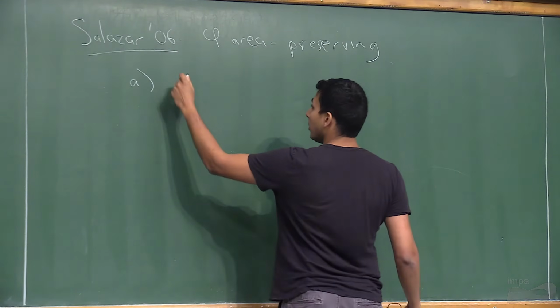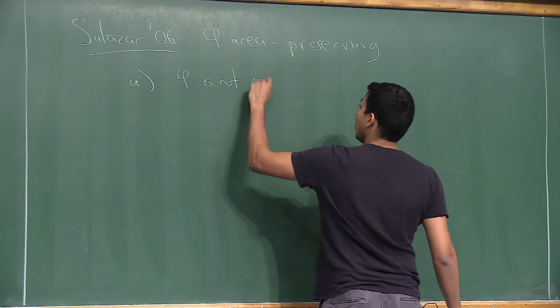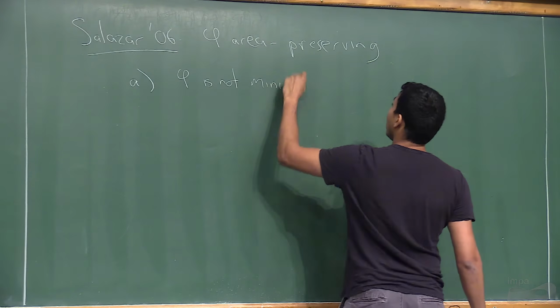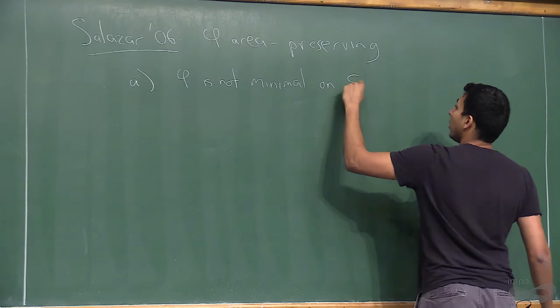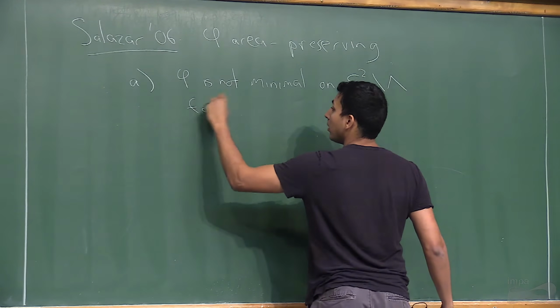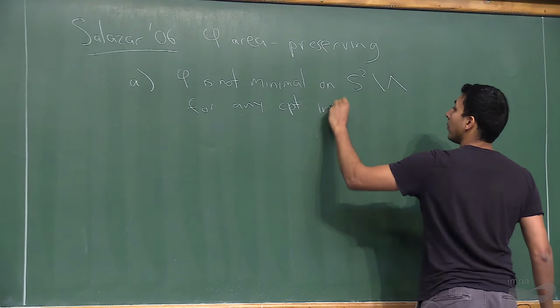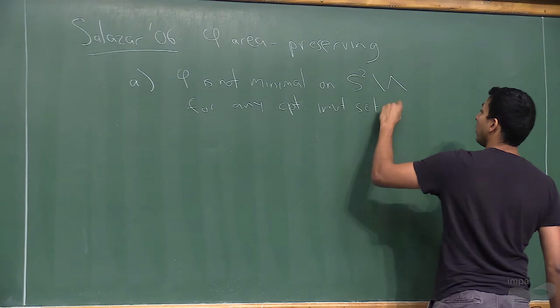So first is that phi is not minimal on S2 minus lambda for any compact invariant set lambda.